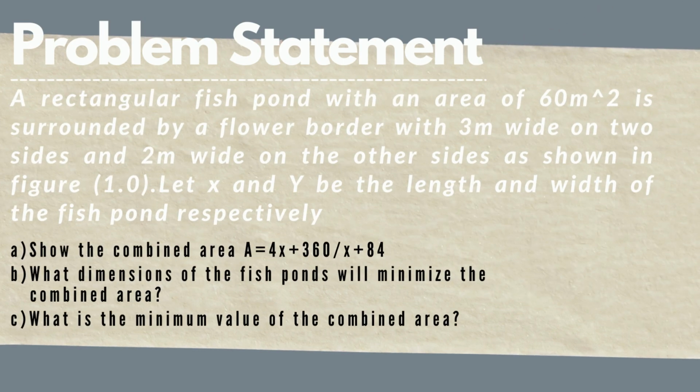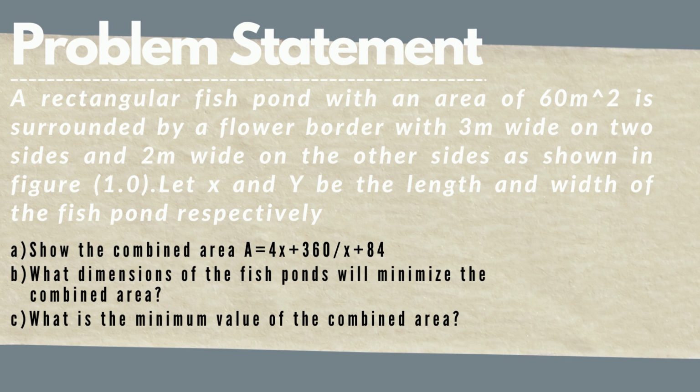Our problem statement. A rectangular fish pond with an area of 60 meter square is surrounded by a flower border 3 meter wide on two sides and 2 meter wide on the other sides, as shown in figure 1.0. Let x and y be the length and width of the fish pond respectively.